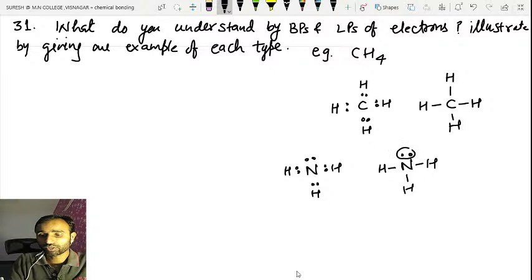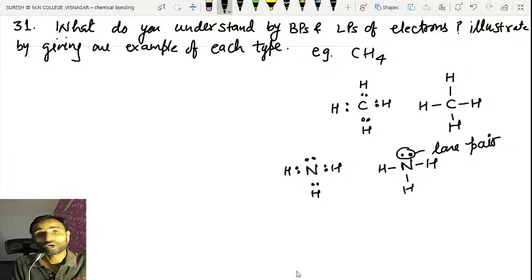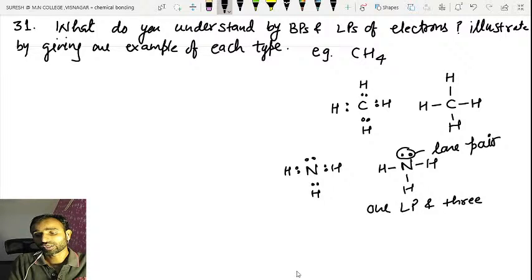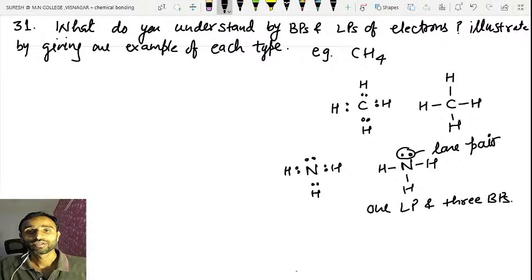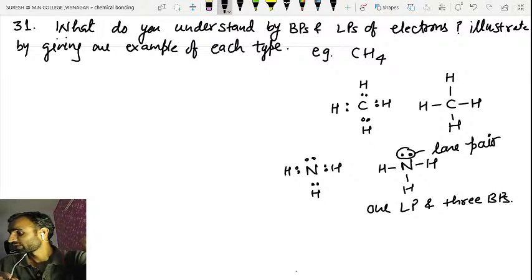This is an unshared pair of electrons, that is called a lone pair. And the rest are bond pairs. So it has 1 lone pair and 3 bond pairs. That's it. ठीक है बेटा? Very simple question.